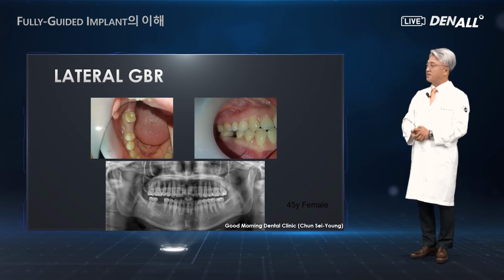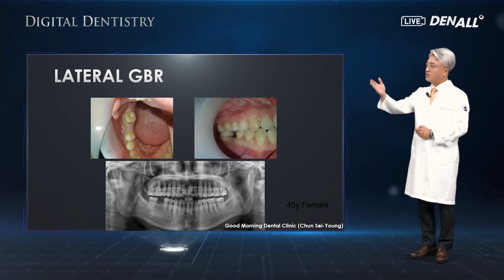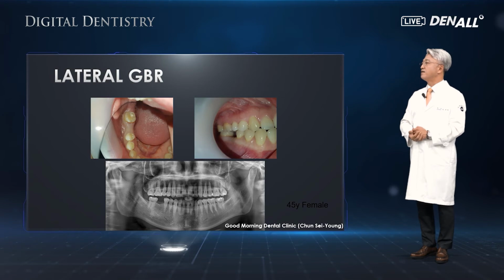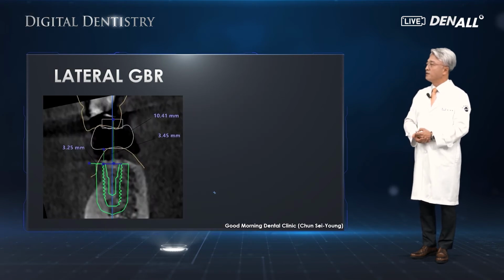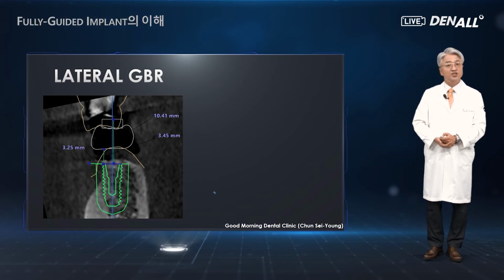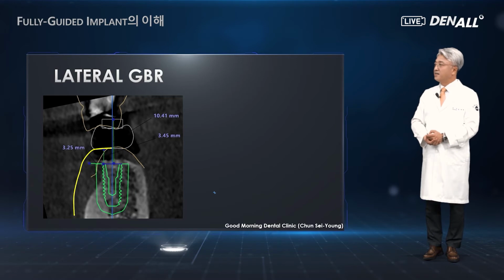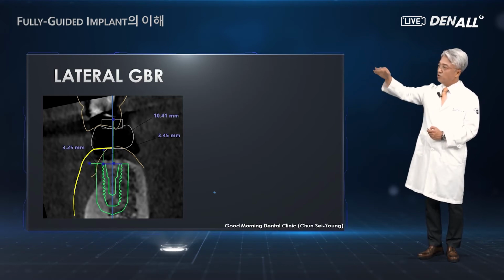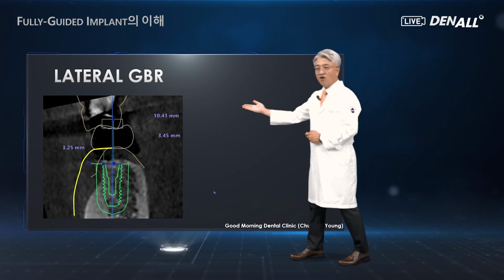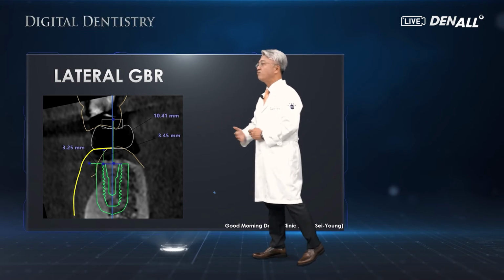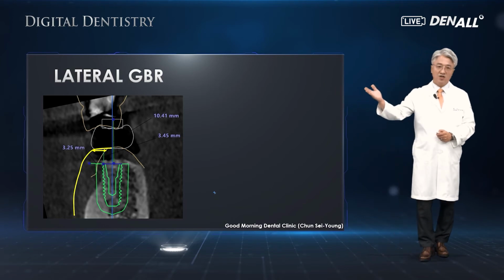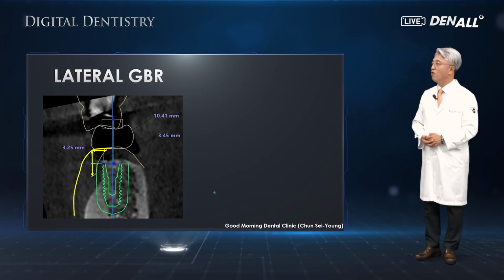Horizontal augmentation, GBR case. In this case, the buccal bone of number 46 is severely resorbed. In this patient, there's no problem to do implant placement and prosthesis without bone graft. However, if you look at the gingiva, if the gingiva can be made like this, a more ideal and physiologically stable placement can be done in order to raise the gingiva up to this level.